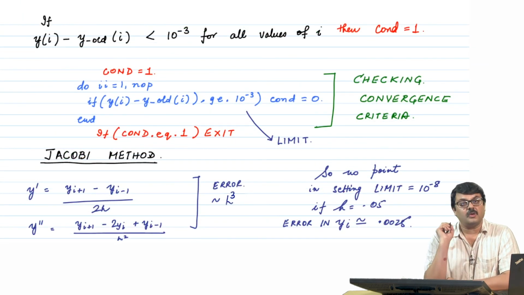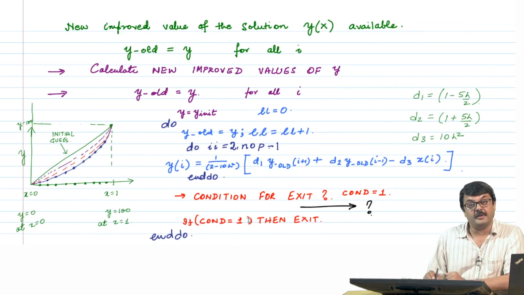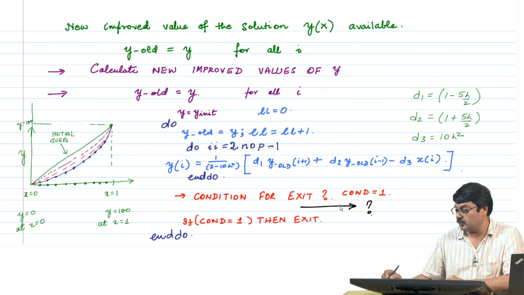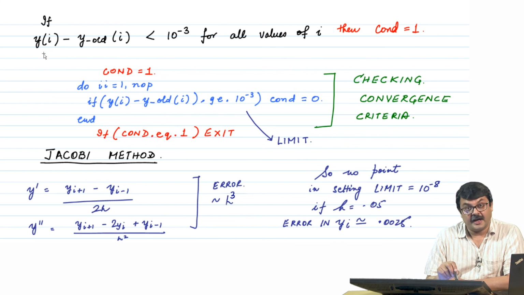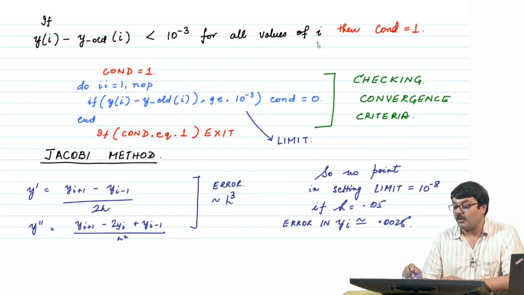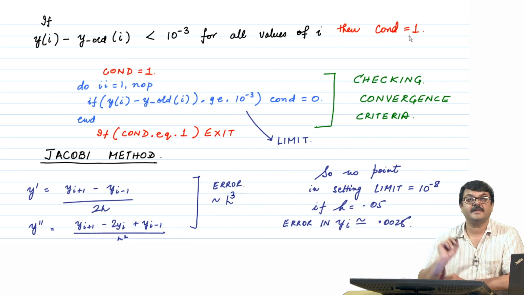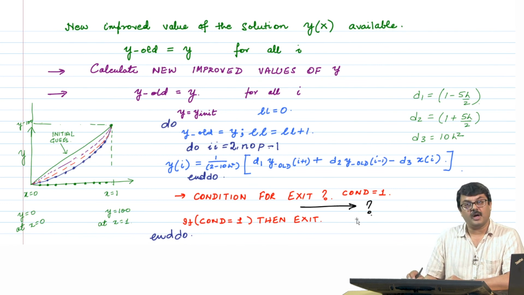Okay. So, let us suppose your condition, the condition when cond will become equal to 1 and you will exit the loop, you can set to: if yi, that is the new, updated value of yi in this particular iteration, minus y old, the previous value of y, is less than some limit, say 10 to the power minus 3, for all the values of I, then you set cond equal to 1, and then if cond equal to 1, then exit.